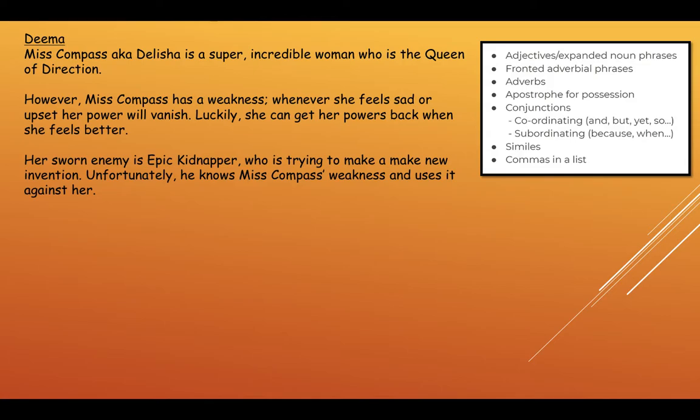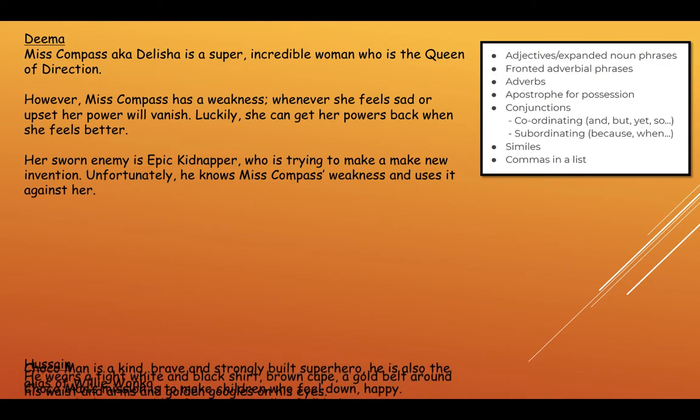Conjunctions, coordinating conjunctions are conjunctions that everyone is able to use, and you just really want to up level now to subordinating conjunctions, so using because and when, and there are others which we will discuss tomorrow.